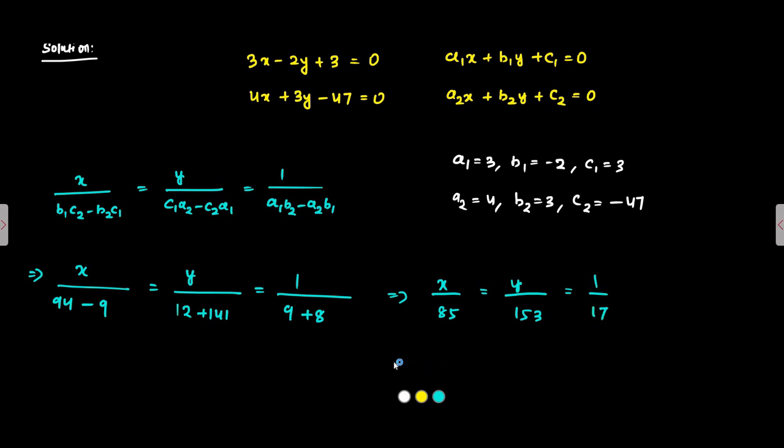That implies x is equal to 85 by 17, which is equal to 5, and y is equal to 153 by 17, which is equal to how much? 9.